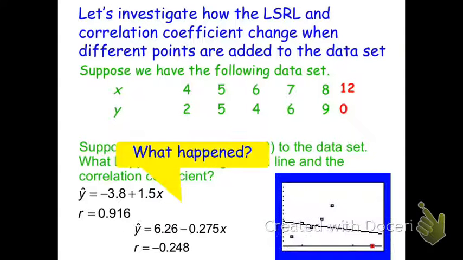If I add 12, 0, what happened to that? It got weaker. It also became what? Negative. So it became weak and it became negative. So that just kind of threw everything off because it's located on the x-axis.